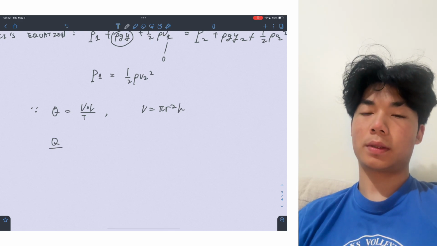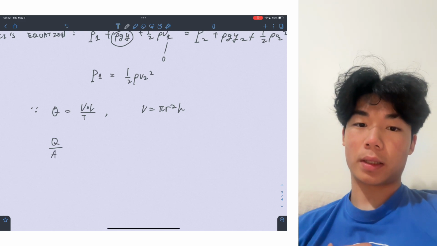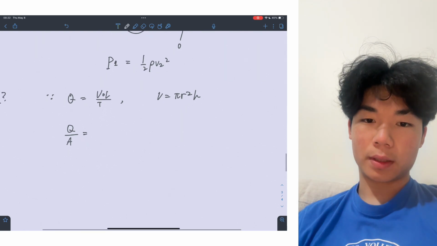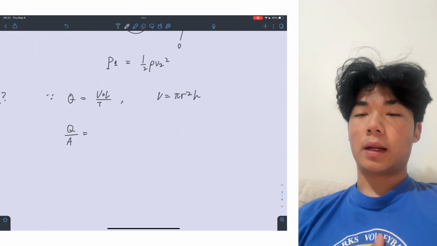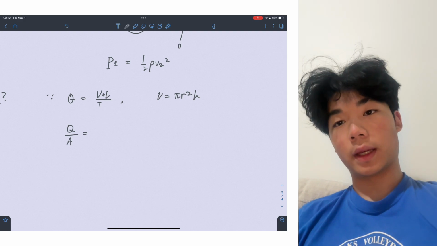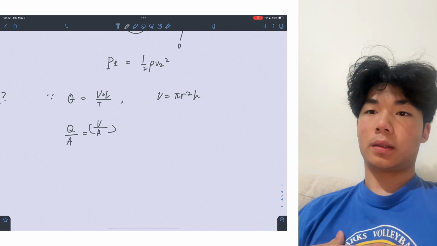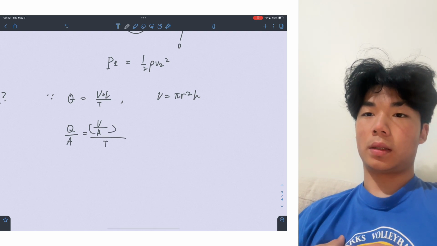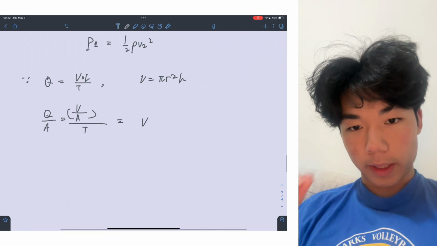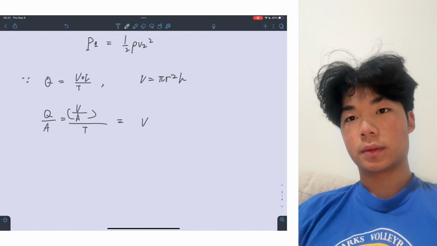This gives you the speed of your water, I guess. But water does not come in 2D. It's not meter squared, it's meter cubed. So I thought I could divide the flow rate by area, which gives me the velocity. I need to divide the volume by area, and then divide by t, the time it traveled.